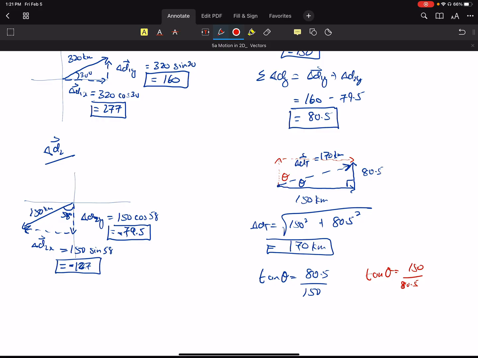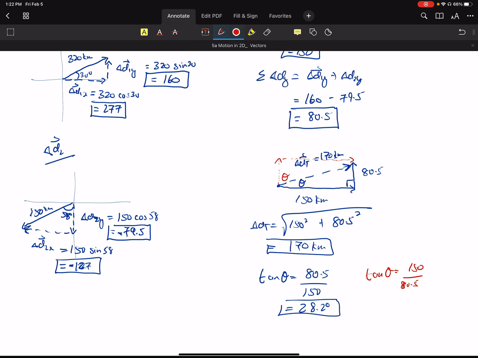So when you get these two angles, they're complementary to each other. So this one is 28.2 degrees.